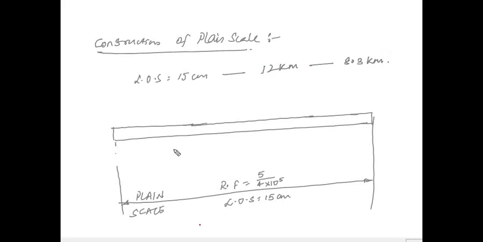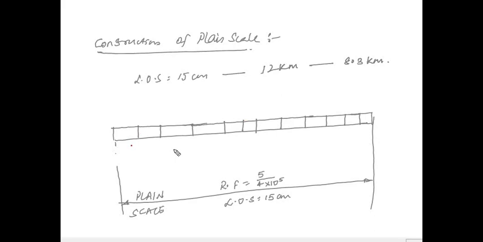We should forget about 15 centimeters. Now we have a 12 kilometer line here. So now I will divide this into 12 equal parts. Let us say 1, 2, 3, 4, 5, 6, 7, 8, 9, 10.